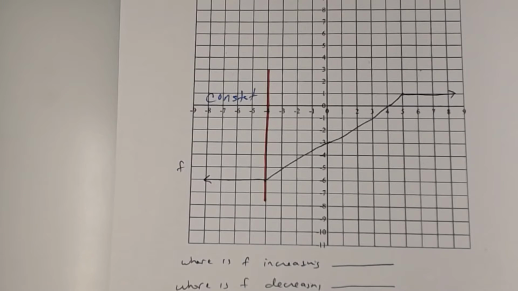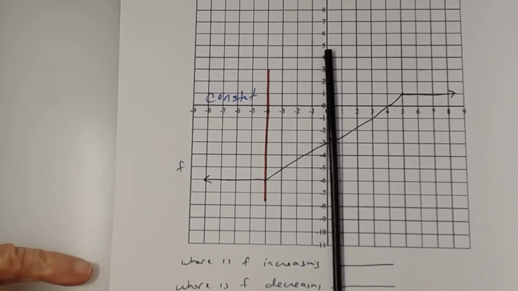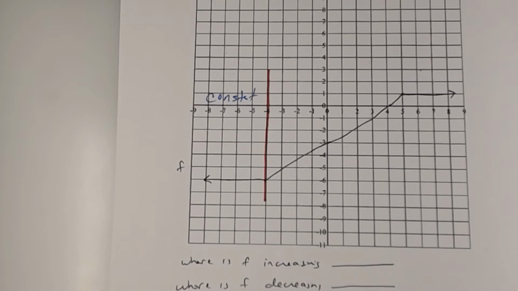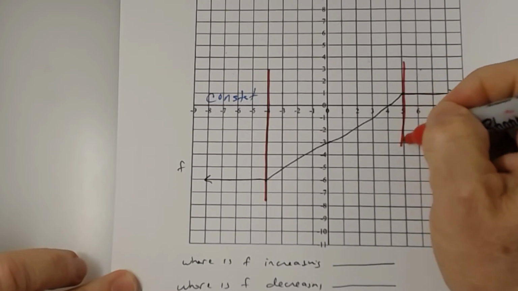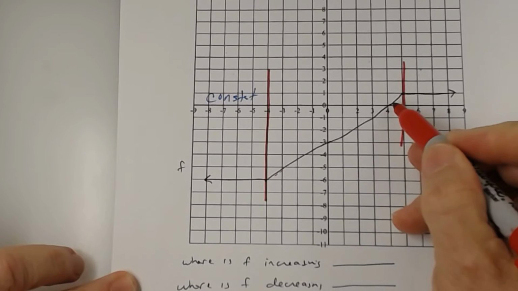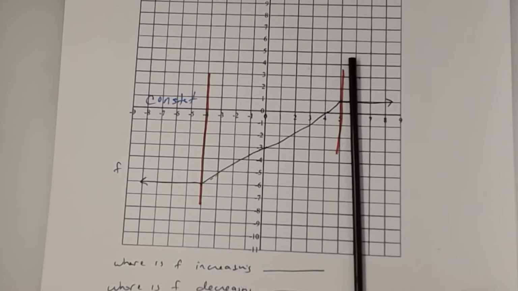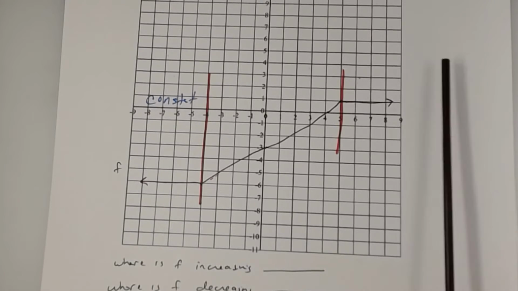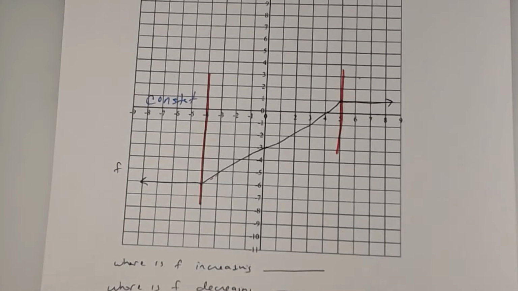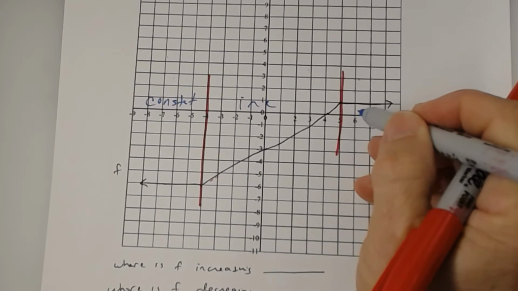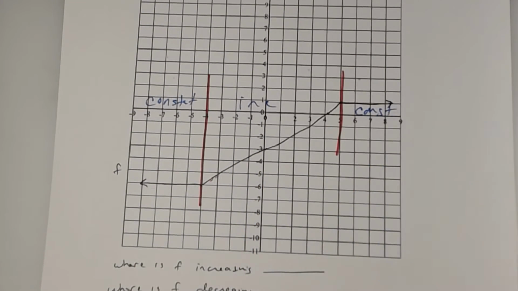And then from -4 to where? +5, what did the y values do? Increase. And then from 5 to what? Positive infinity. So that was increase right here, right? And then what were they here? Constant. All right, so constant, increase, constant.